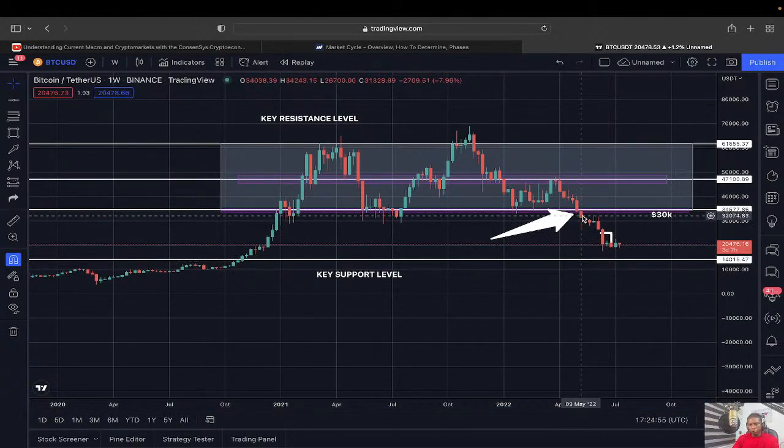Can you see that? The breakout took place at this region, and price continued to fall.